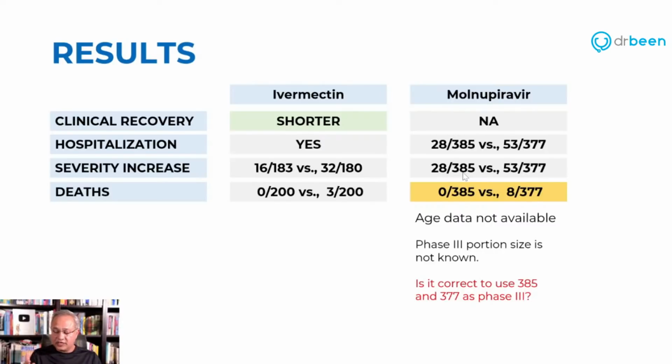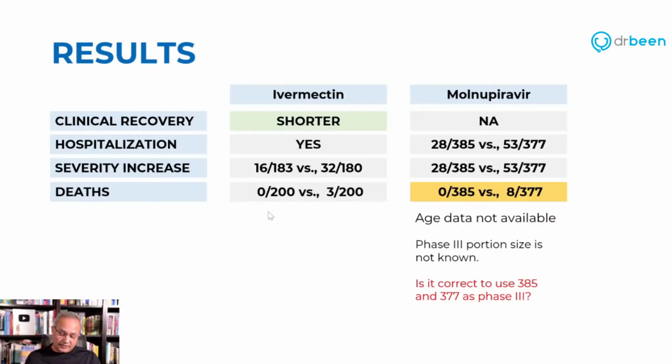Again, I'm using 385 and 377 because I do not know the phase 2 versus phase 3 numbers, so I'm just using the whole number that they have reported for the whole cohort. If you stratify them, they come out almost similar. So here is 28 out of 385, here 16 out of 183, versus 53 out of 377, here 32 out of 180.